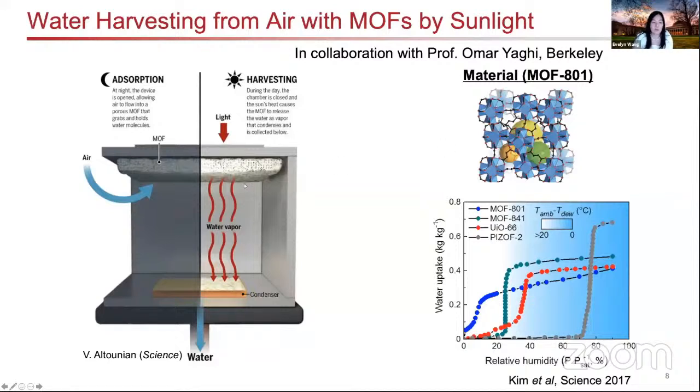By incorporating these MOFs into a layer, we can capture the water when this material is dry. And then in the sunlight in the daytime, we can take advantage of the sunlight in the form of heat to release the water from the porous material and condense it near ambient conditions.